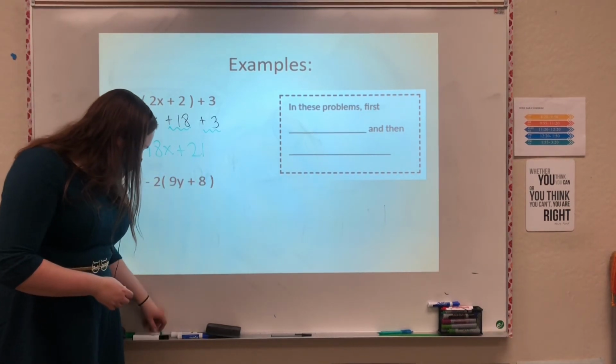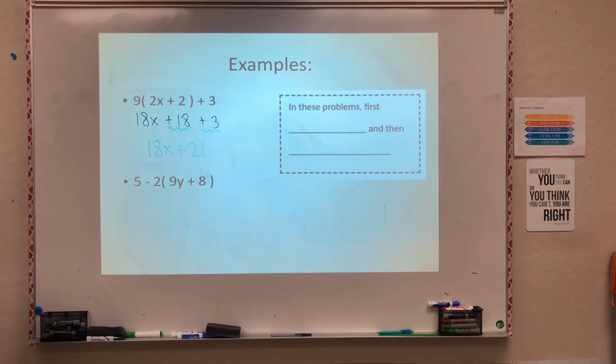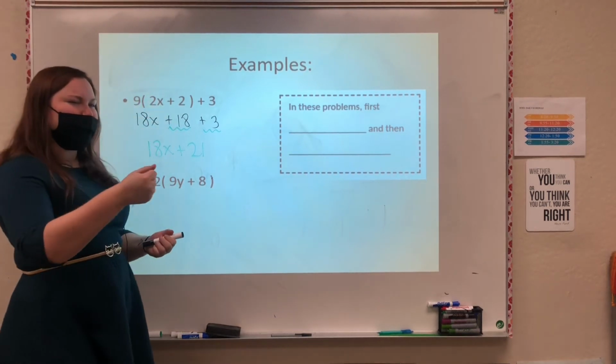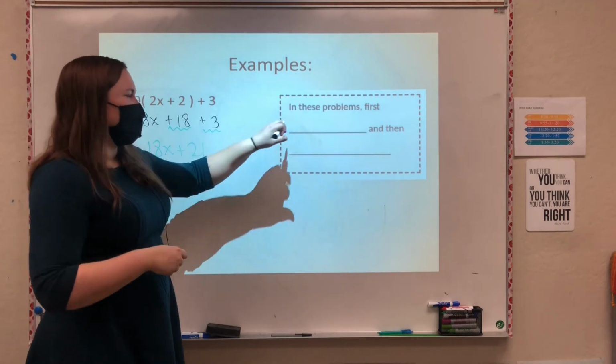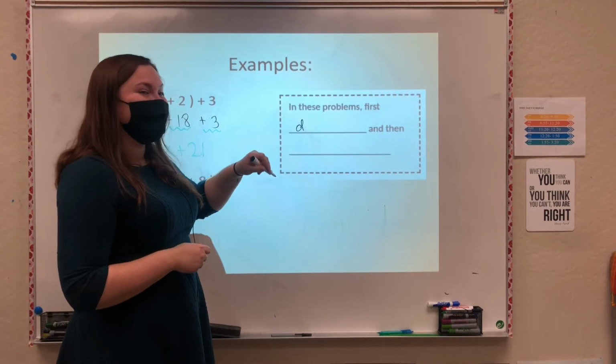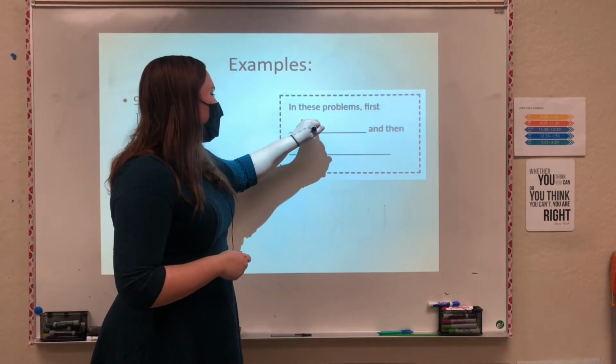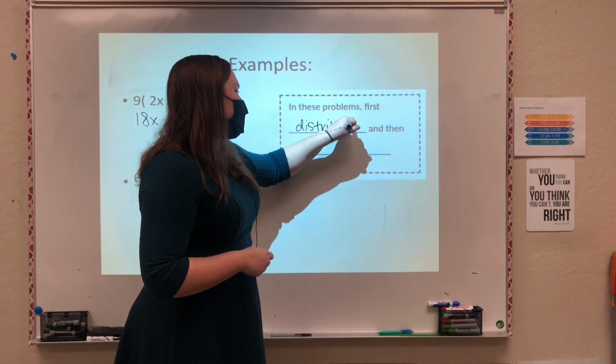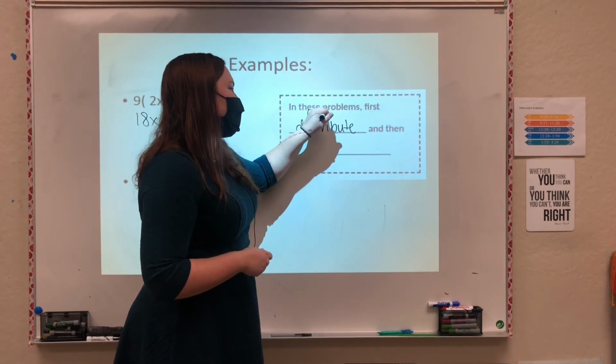So I want to summarize what we just did. In this problem, what is the first thing you did? Multiply. Nice. We started off by multiplying. What's that math word we learned today? Distributive. Yep. So we started off by distributing, which just means multiply.